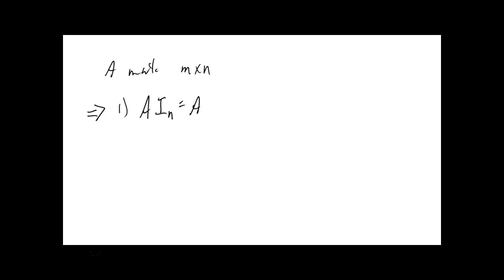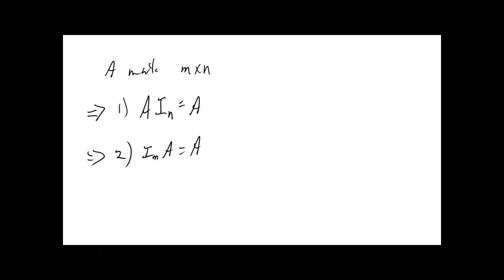But then also this is true. Number 2 is that I times A is A. Is that the same I? No. This would have to be M, because then you would have an M by M times an M by N, which would give you an M by N. You have to have the same terms there. And not only would it be any old M by N, it's identically the same.